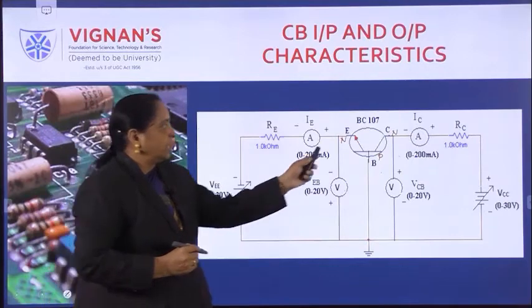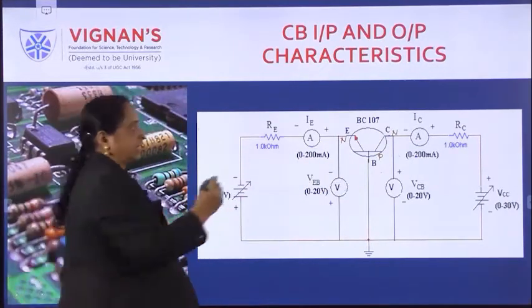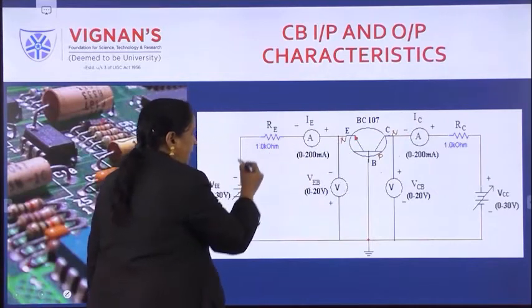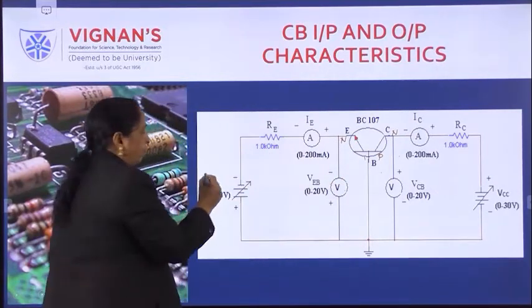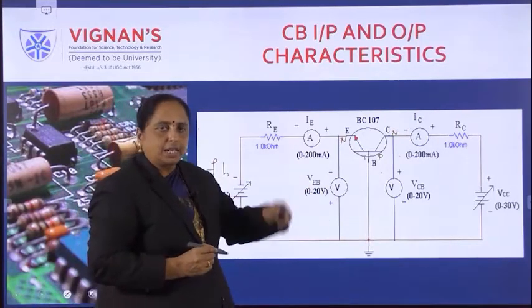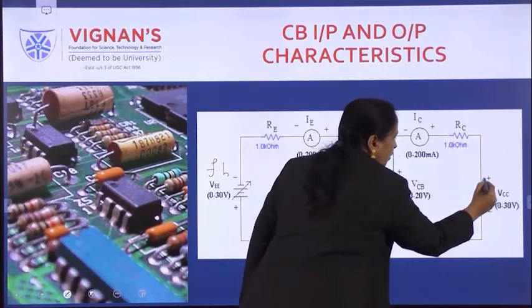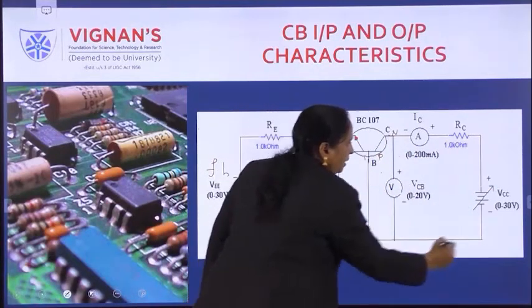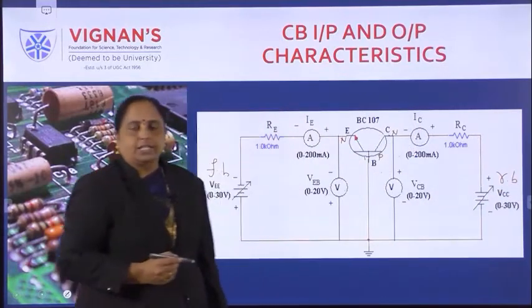See here, between emitter and base you are giving a forward bias connection because this is an N material, N negative and then P positive. So this is perfectly under forward bias condition. Collector junction is reverse biased. Collector material is N, so reverse means N positive and P negative. So this is under reverse biased condition.